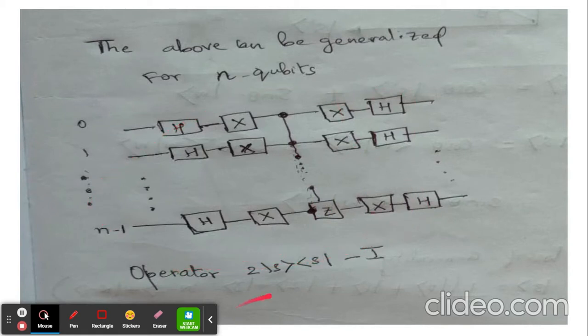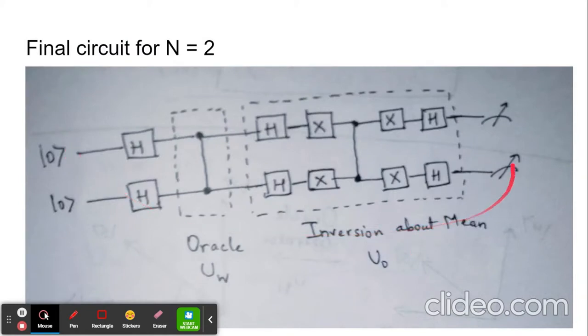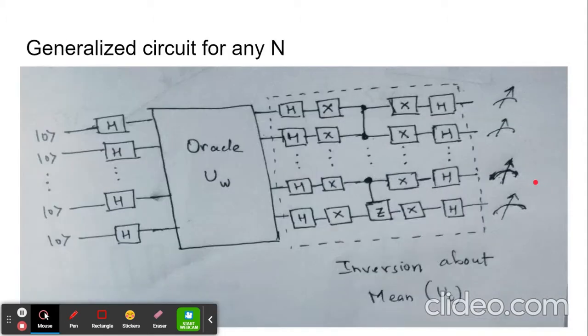This is equivalent to the 2 ket S bra S minus I operator. So this is the final circuit: the oracle operator, the CZ, and this is the inversion about mean operator. Then finally you measure and you get 11, the winning state. This is a generalized circuit for any n, where the inversion about mean operator is what we discussed, and the oracle operator depends on what kind of state you are searching for.